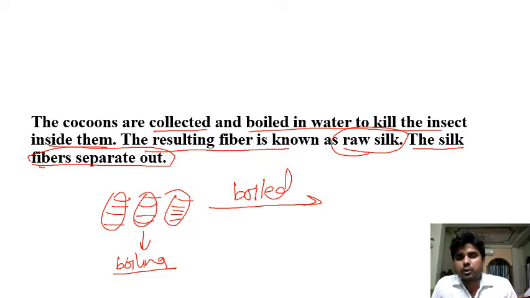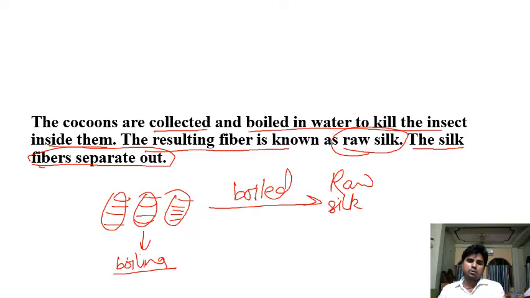Because the male and female moth can produce more eggs, and again they can form caterpillar. So some of the cocoons are left and the majority of the cocoons are boiled and the insect inside them is killed. And from here the silk that is produced is known as raw silk.